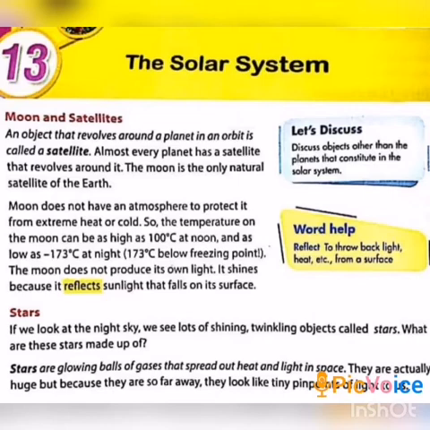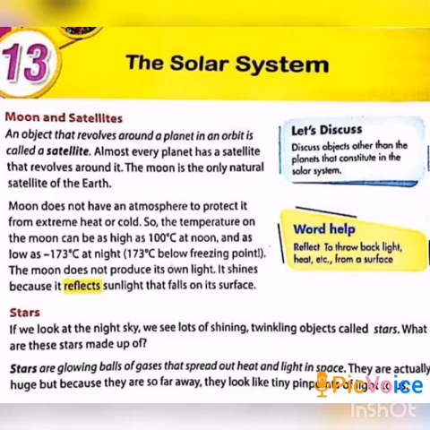This 100 is the boiling point of water, so that much heat is on the moon at noon. But at night, minus 173 degrees Celsius is below freezing point.